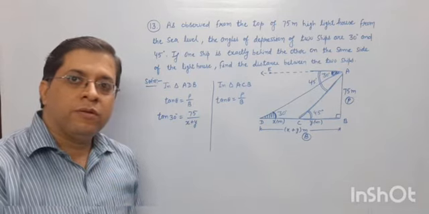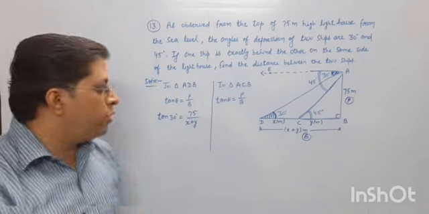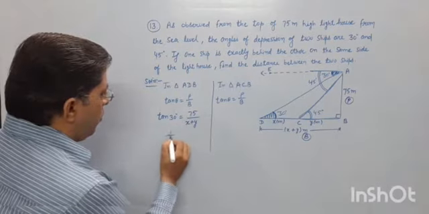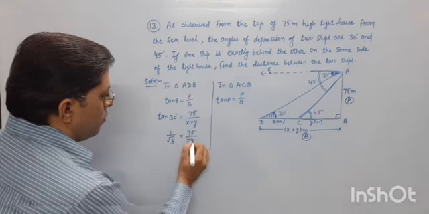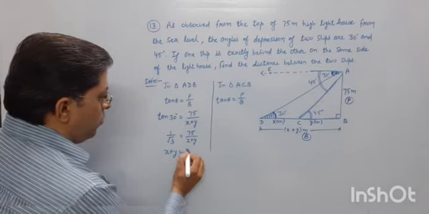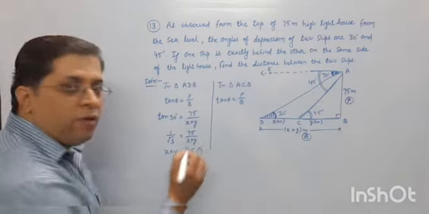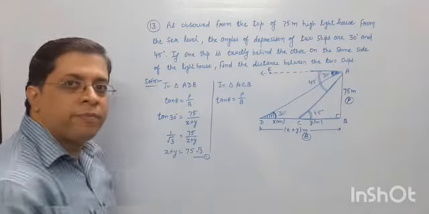This will be 1 upon root 3. Then x plus y is equal to 75 root 3. This is your equation number 1.